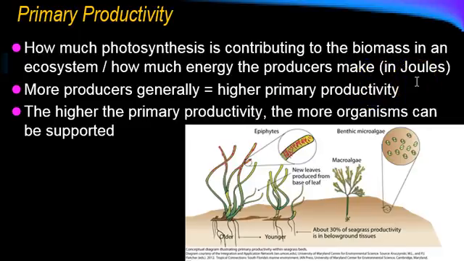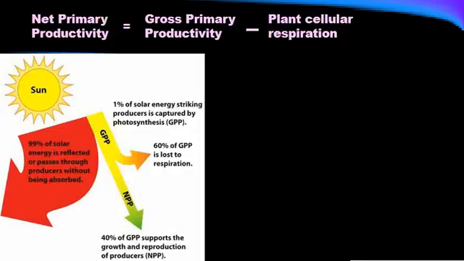That means that those plants are making so many molecules of food, they're making so much energy that that can support all the other organisms that are living there. So the higher that primary productivity is, the more organisms you can have. So it's always good to have a high primary productivity if you want your biodiversity to be high in that area. More things are going to be able to survive there if you've got a lot of producers in the first place.